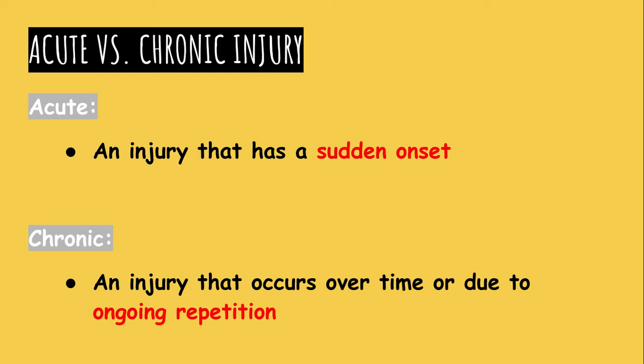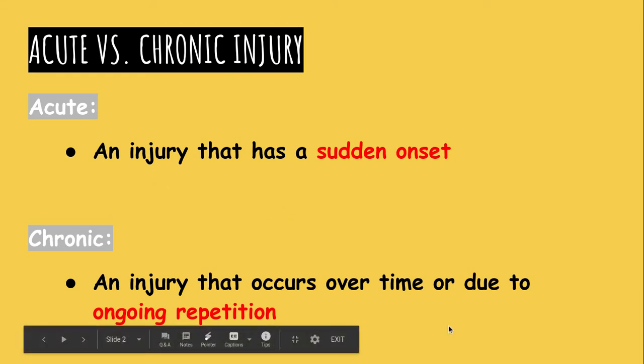Just know that an acute injury is something that happened right in that moment or relatively recently, versus your chronic injury, which is a type of injury that occurs over a period of time, or it could be that you have a re-injury of a previous injury. So an example could be, the first time you sprain your ankle, that is an acute injury.